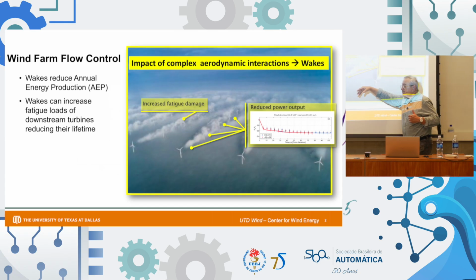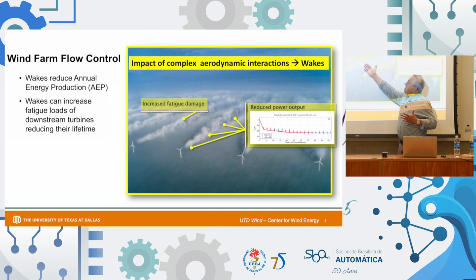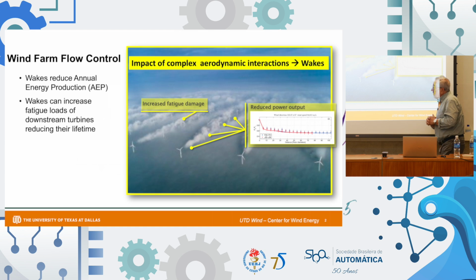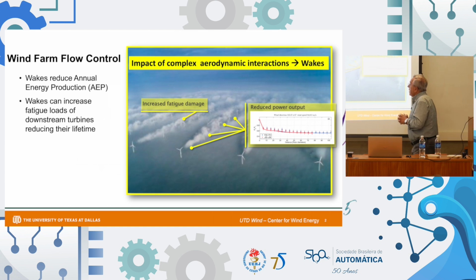And then in a similar manner, the machines in the inner array also experience higher degrees of turbulence or fluctuations, and that fatigues them. Basically, they are rotating, but they are doing this as well. So then the problem is, how can we control the different machines, the different rows, for example, so as to minimize the adverse effect of these wakes, which is aerodynamic interaction. We cannot get rid of the wakes, but we can mitigate their effect.